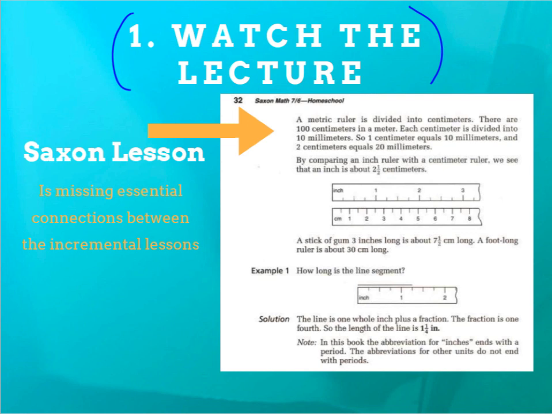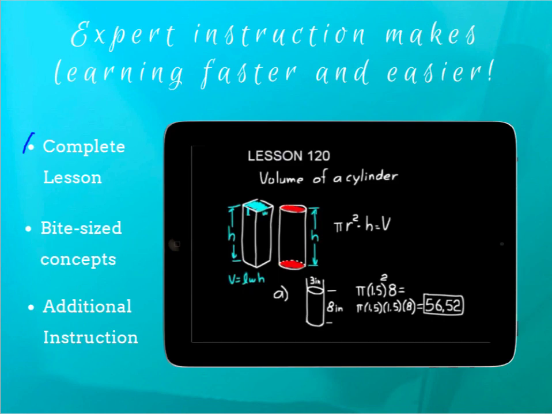Plus, math is something that you do. It's not passive, but you see someone else do it in a video lecture. You see things come up line by line, number by number. Then you do them yourself. Usually you connect with that idea a little faster than just passively reading. So the complete lesson from the Saxon textbook is presented during the lecture.